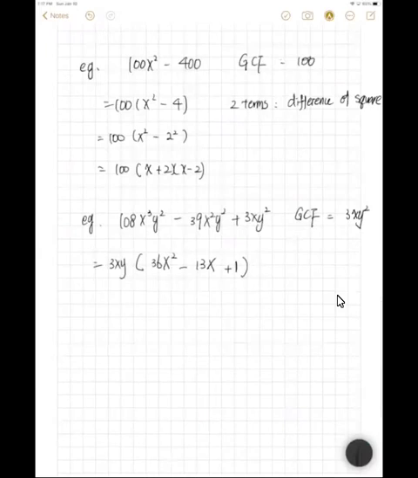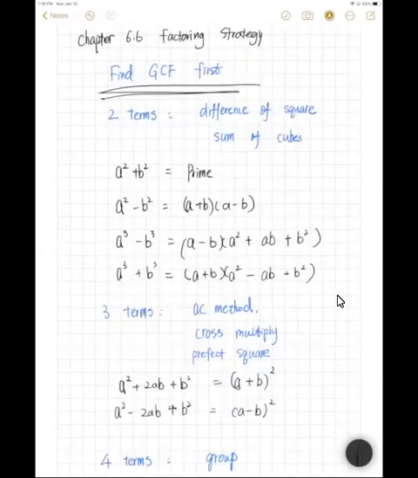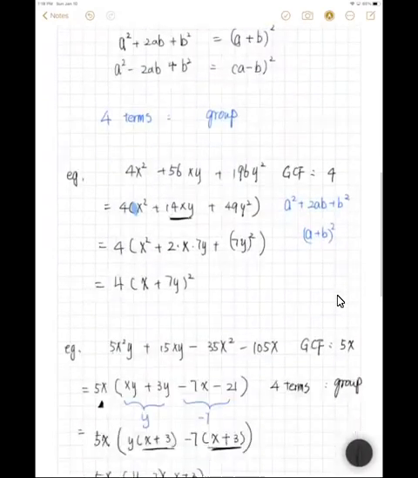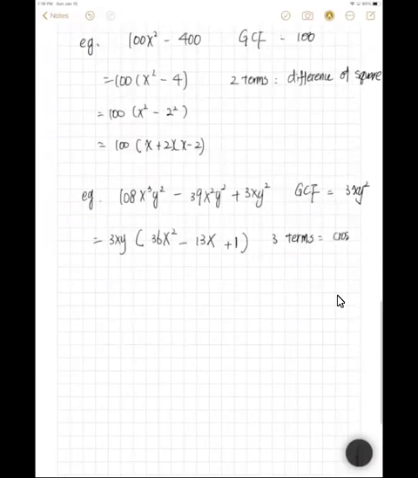Okay, so now they have 3 terms. What methods do we have? Let's go back and look at 3 terms. We have AC method, cross multiply, and perfect square. So now we use our cross multiply. So I have what? 36x squared and 1. So for 1, you only have one combination, right? Which is either positive 1 times 1 equals 1, or negative 1 times negative 1 is equal to 1. Since this is a negative sign, that means we're looking for something negative.